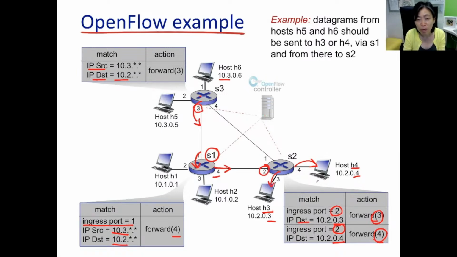So OpenFlow is really nice and flexible. Something to add: traditional routing implements a routing algorithm, and the controller can actually run a combination of manual configuration plus the routing algorithm. So it's a lot more configurable and a lot more flexible than traditional routing.